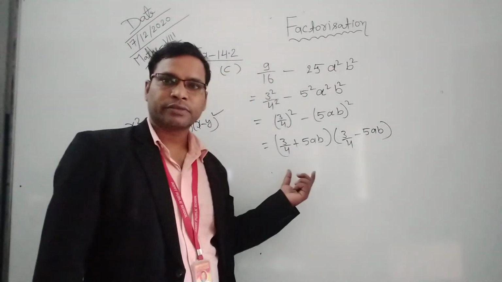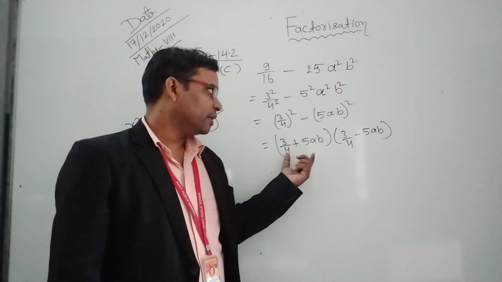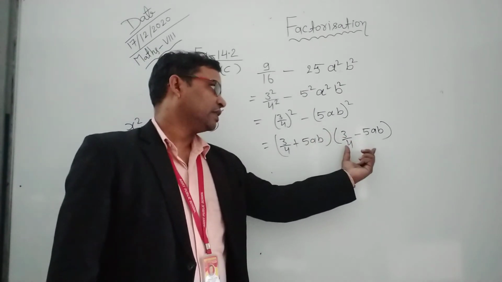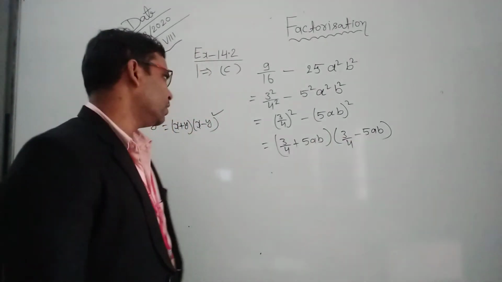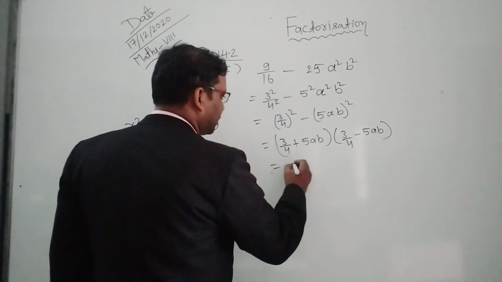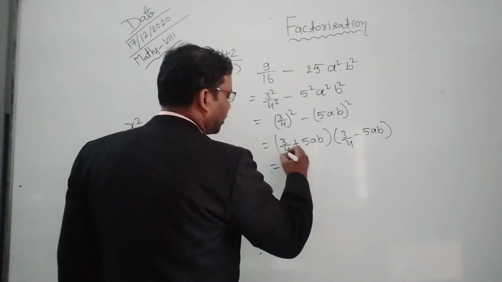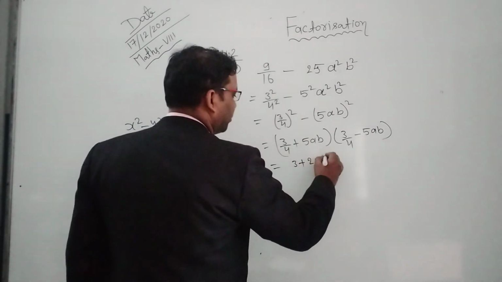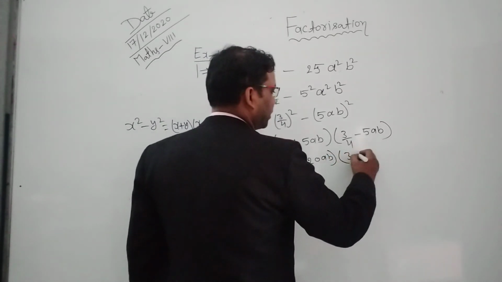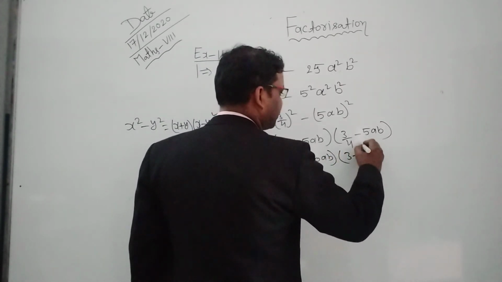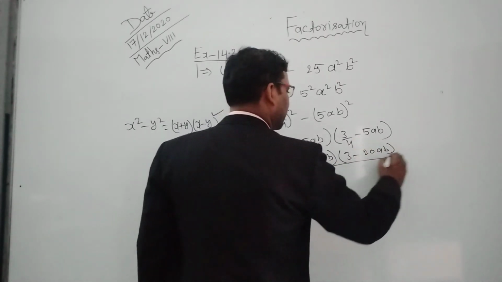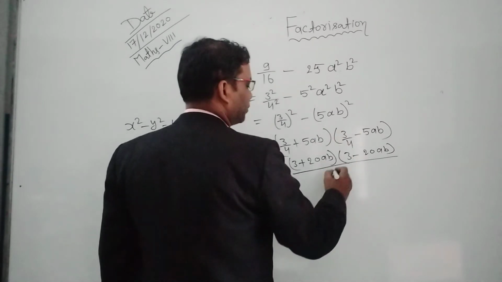Here you use the third identity: one factor with plus and the other with minus. Now you can also write it, if you take the LCM, as (3 plus 20ab) into (3 minus 20ab) divided by 4 into 4.